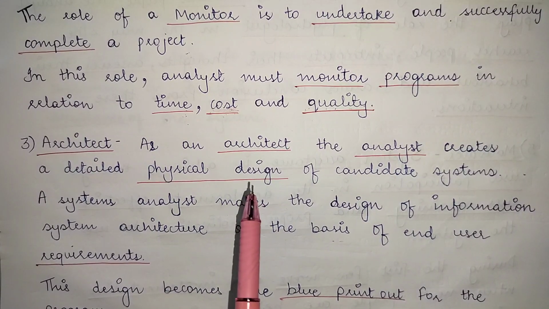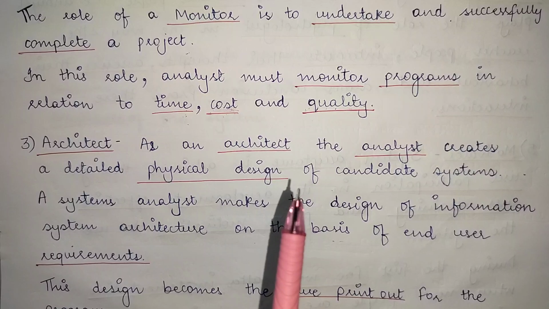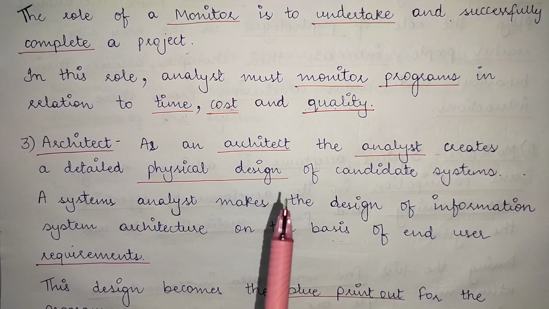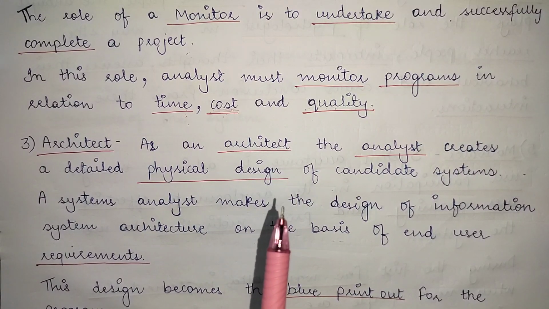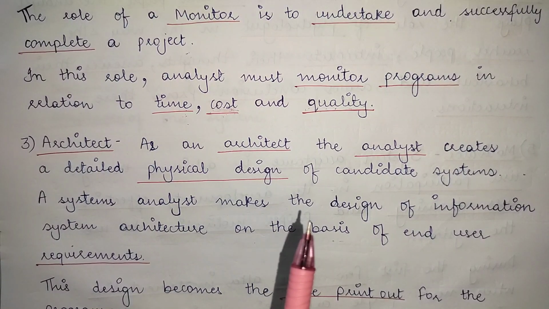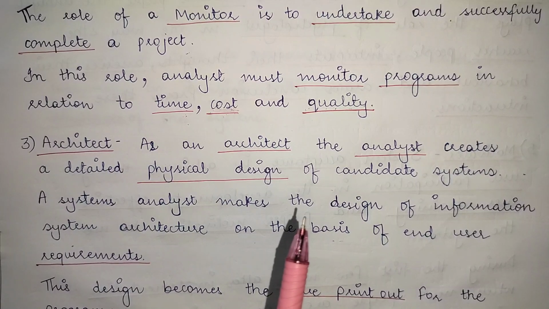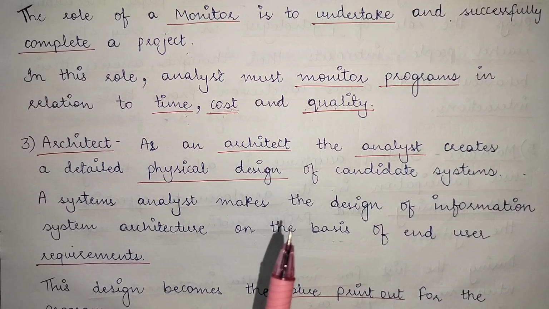Just like the architect prepares a physical design of your house on paper based upon the requirements of the house owner, the same architect will not prepare the same design for all the house owners. The physical design will vary upon the requirements of every different house owner. That design works as a blueprint for the contractors who will finally construct the house.